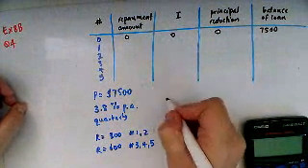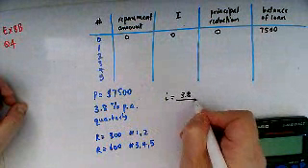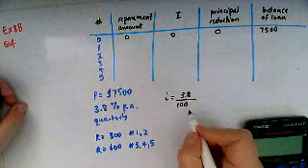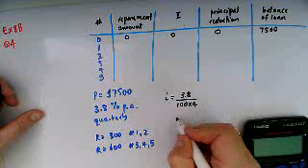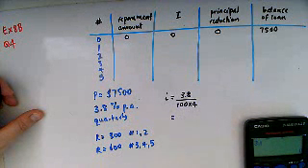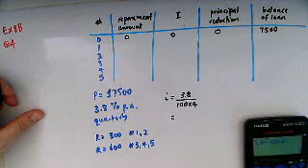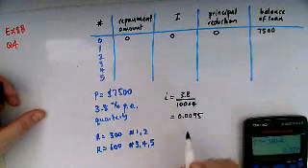We need to work out I. I equals the 3.8, turn it into a decimal by dividing it by 100, and it's quarterly, so we have to divide it by 100 times 4. And we get 0.0095.